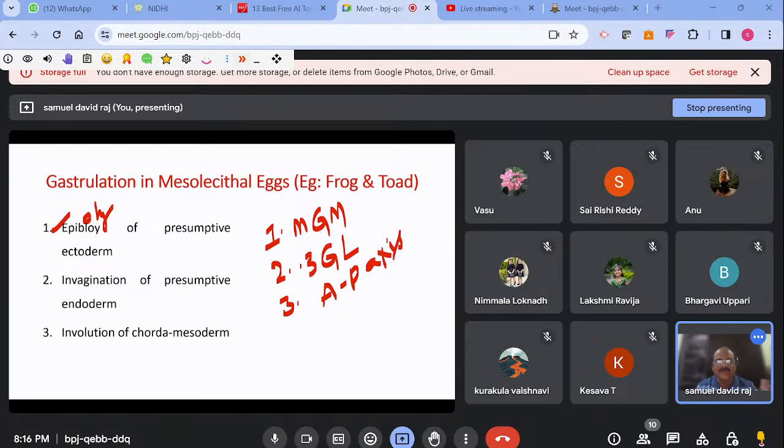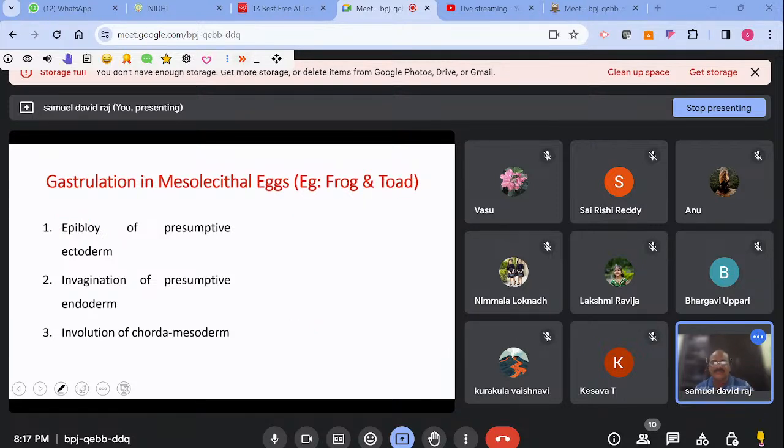Second event is that gastrulation results in the formation of three germinal layers: ectoderm, mesoderm, and endoderm. And also, this is the stage in the embryonic development where the antero-posterior axis is developed.